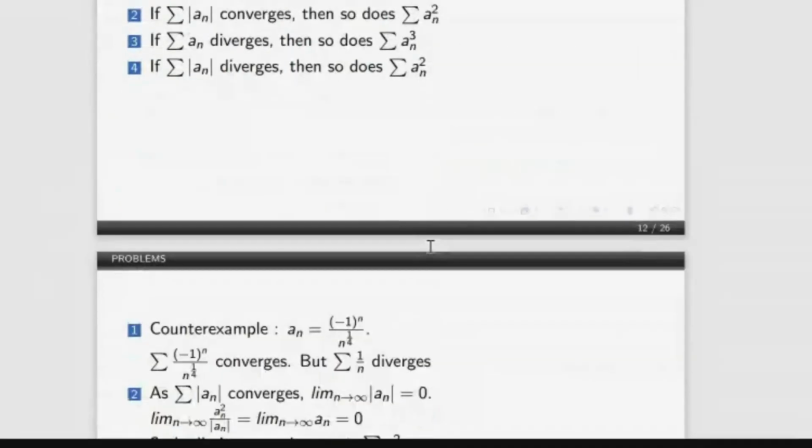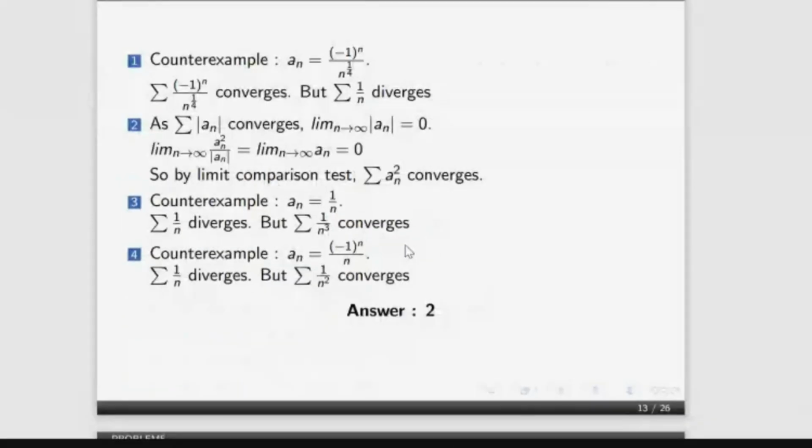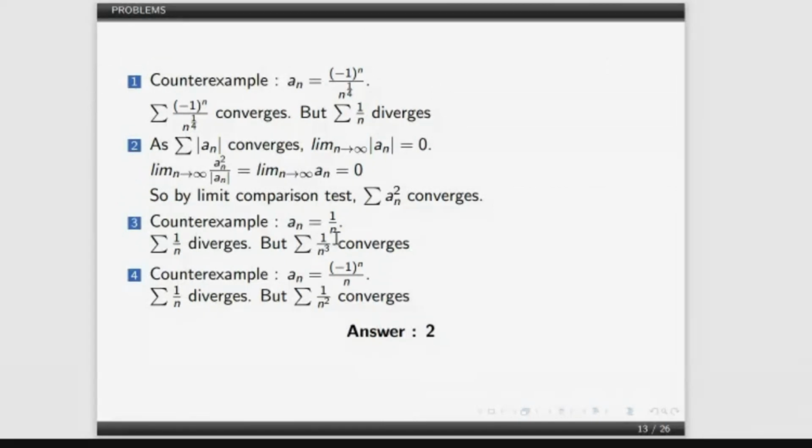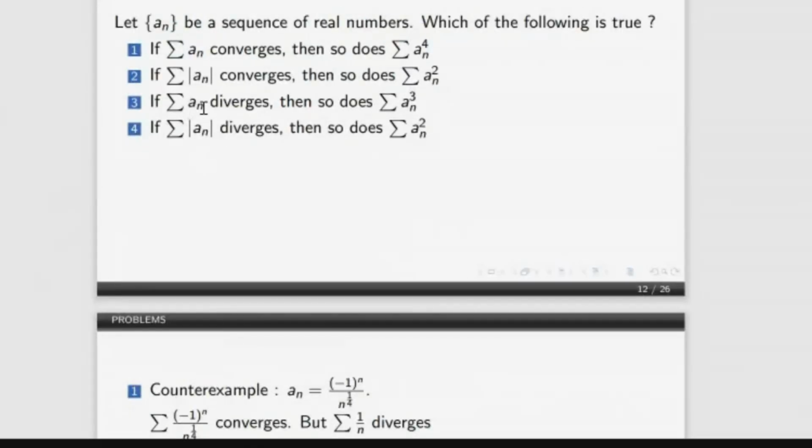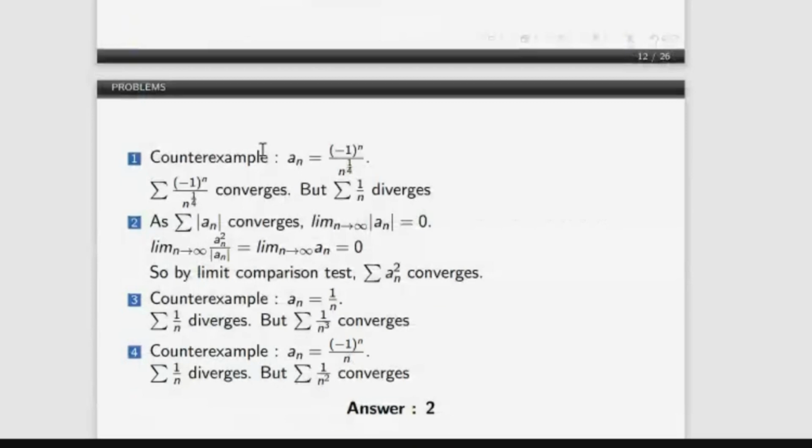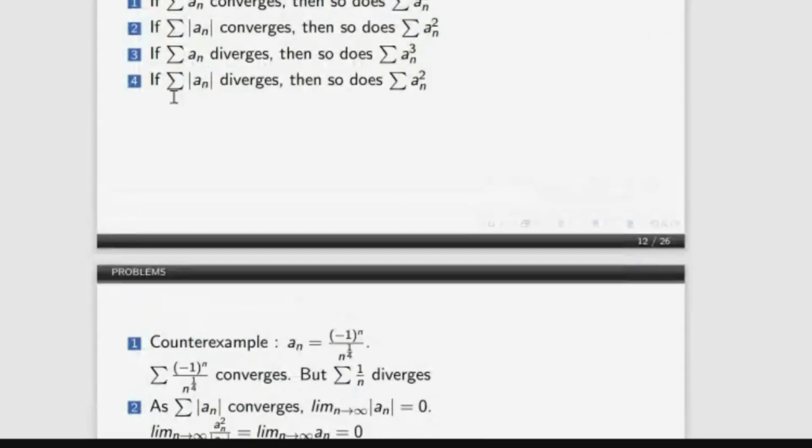Now for 3 and 4, again I have taken counterexamples. For the third one, I have taken a_n to be 1 by n. Series 1 by n is divergent, but series 1 by n^3 is convergent, due to the p-series with p greater than 1. Coming to 4, I can take an alternating series, (-1)^n by n.